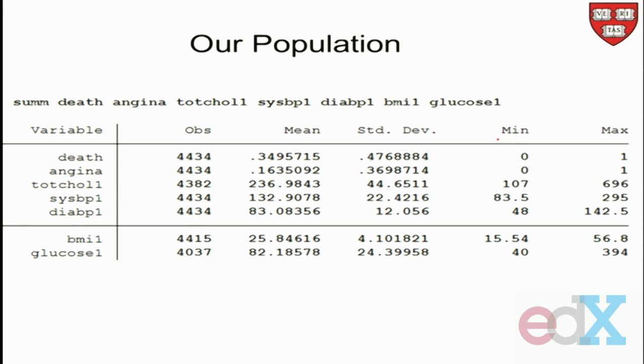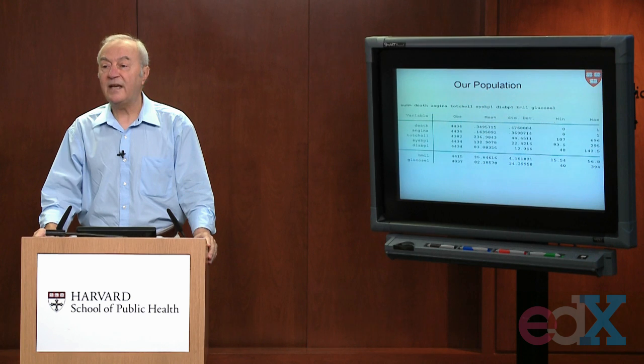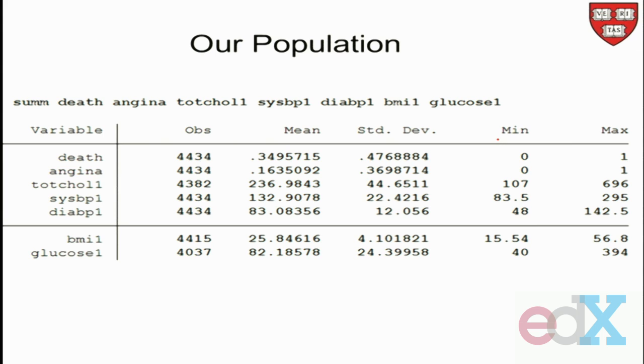Angina, we have 16% roughly experienced angina. Total cholesterol, the average was about 237. Now here we've only got 4,382 measurements. We'll ignore the fact that there are some missings, but for the ones we have, they average out at about 237 and a standard deviation of about 44.6.